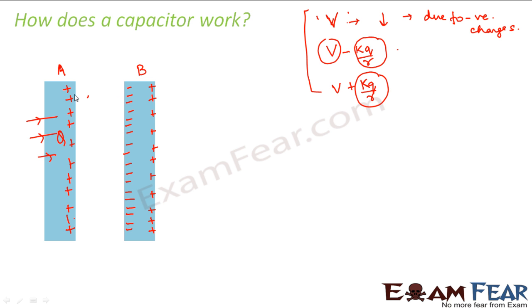Now just have a look. Which of these two are nearer to plate A? Obviously the negative charges. Since the negative charges are nearer, their effect will be more. So the potential V of A will basically reduce.